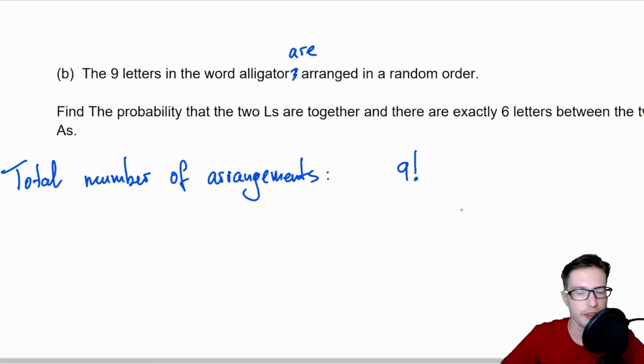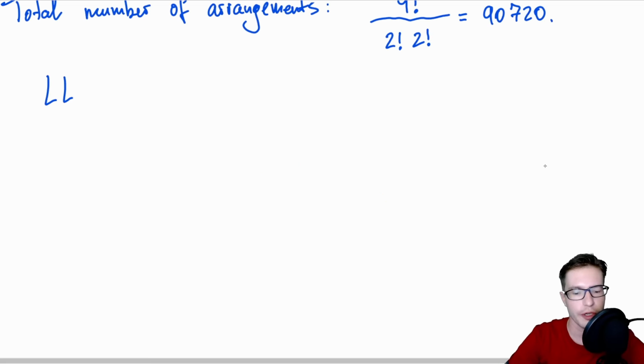That brings us to 9 factorial. And now we have 2 identical L's, so divided by 2 factorial. And we also have 2 identical A's, another 2 factorial. And that is 90,720.